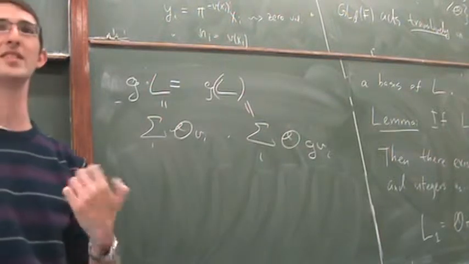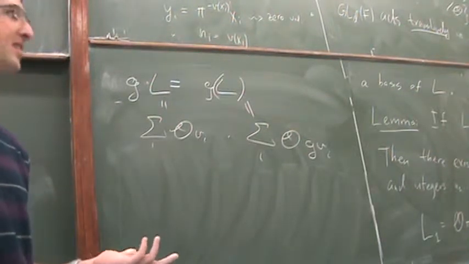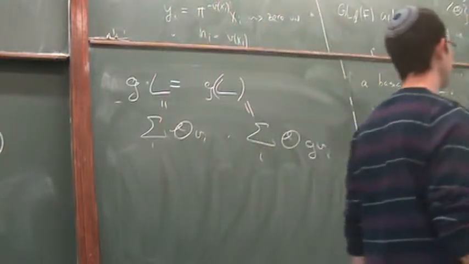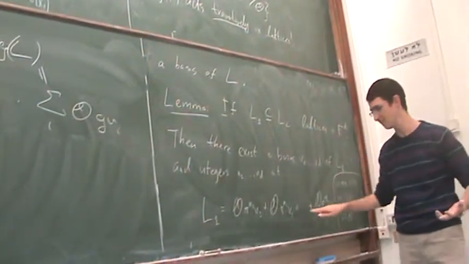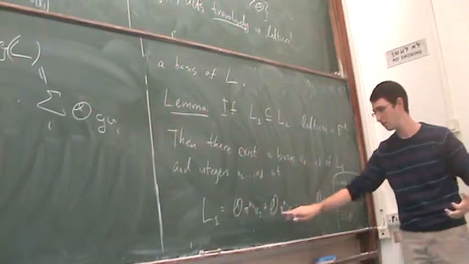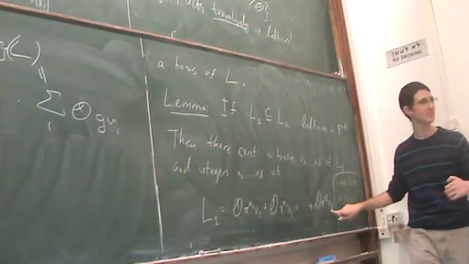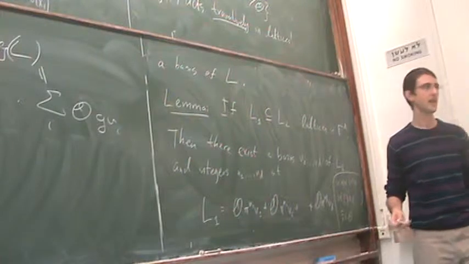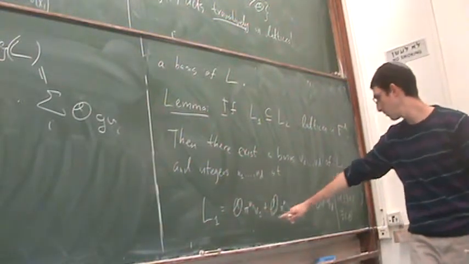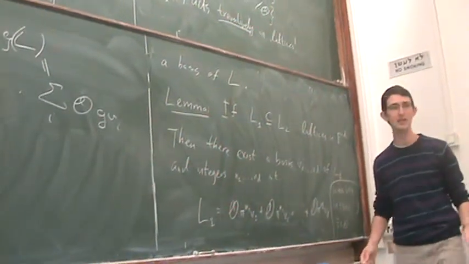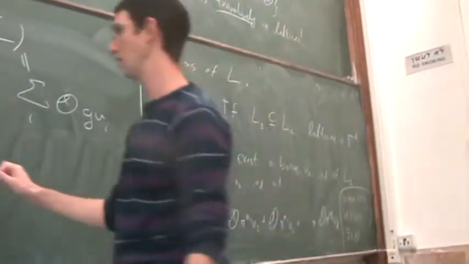And why is the action transitive? Because I could just write the basis in matrix form. I could think of these as column vectors, and this is going to form an invertible matrix in GLd.